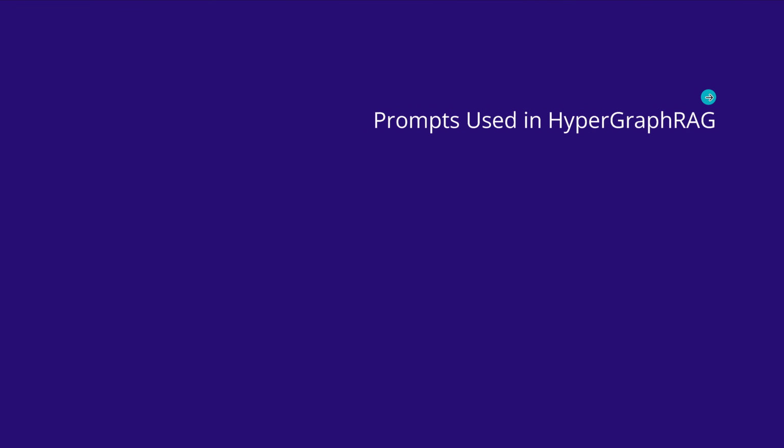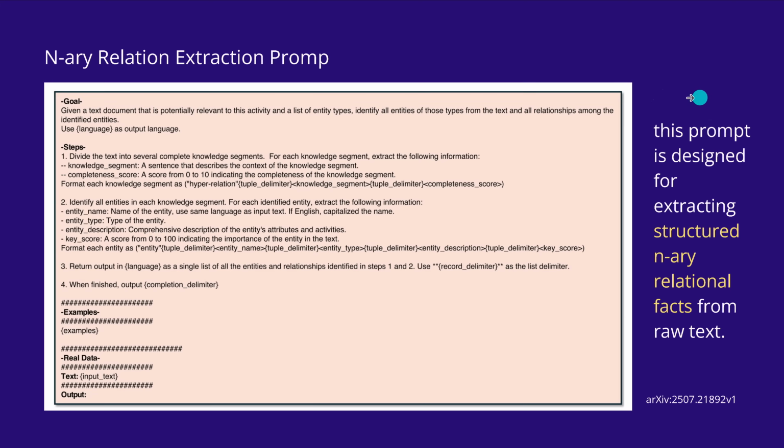I want to show you the prompts that they used in the HyperGraphRAG system because I was really interested myself and I said, how complex will this be? Guess what? It is again another LLM, another AI system. The human is not anymore in the loop. So the relation extraction prompt, T is missing.